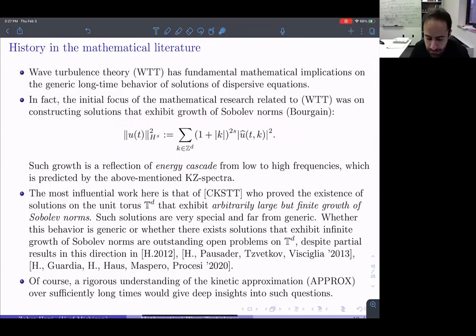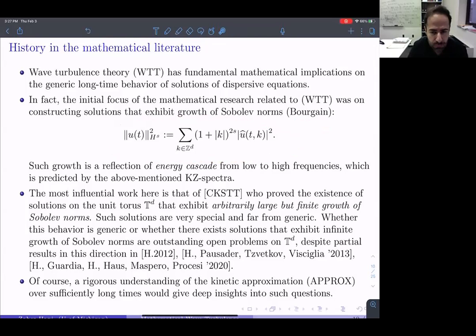This was the focus of the mathematical research related to wave turbulence, and it was mainly started by Bourgain in the 90s. The most influential work in this direction is that of Colliander, Keel, Staffilani, Takaoka, and Tao.